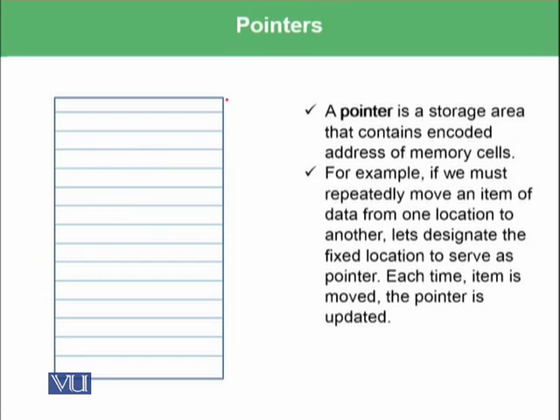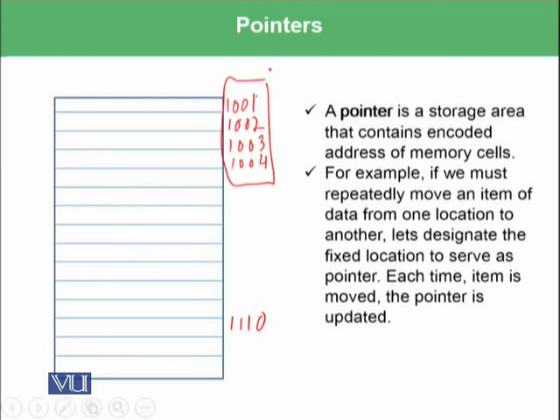So for example, this has address 101. Let's say this has 102, 1003, 1004, and so on. So here there is an address, for example 1110, and in this location we can store these addresses which we have mentioned over here.